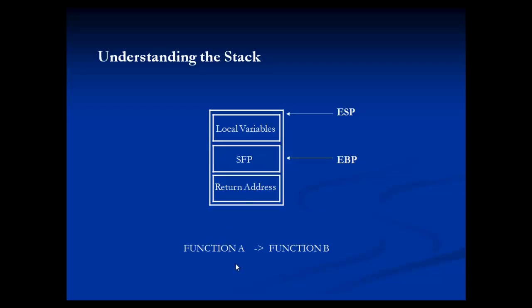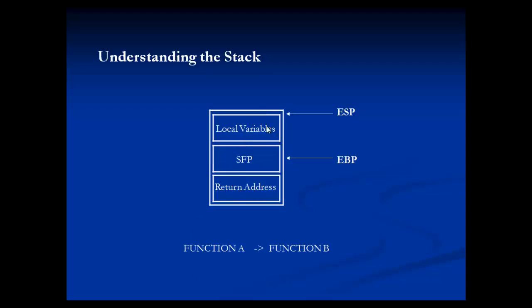A stack frame consists of the stack frame pointer, which is SFP, and the return address. This is the location of the next instruction in function A. Because function A has made a call to function B, after completing the execution of function B, it has to go back to function A. It has to execute the next instruction, and the address of that next instruction will be stored in this return address.